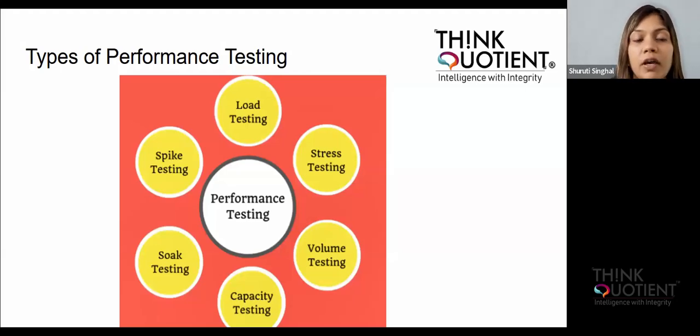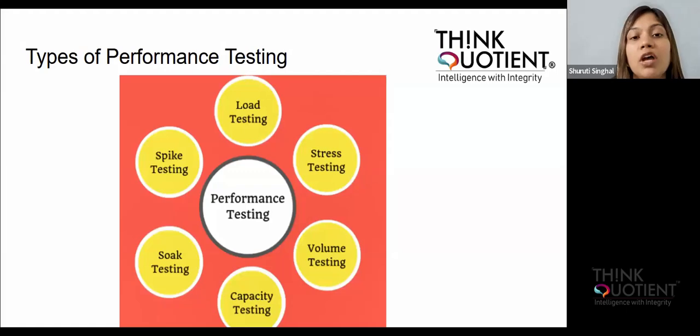The goal is to identify the maximum capacity of the system, or we can say pinpoint performance degradation points. We simulate extended workload and increasing demands, and we also ensure that the application can maintain whatever functions it was performing. It is very critical for future-proofing. So that is scalability testing.